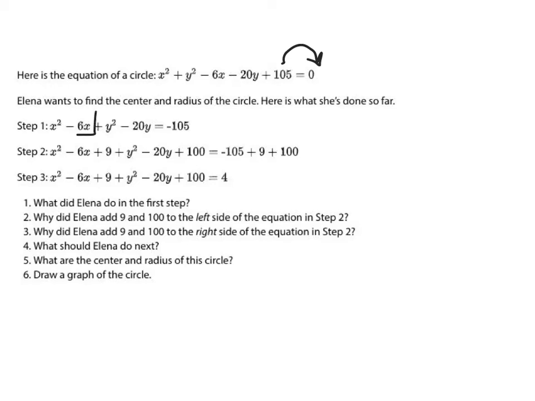Looks like she took the x terms, did 6 divide by 2, and squared it, right? I'll show you in a second. Took the y terms and did 20 divide by 2 and squared it.